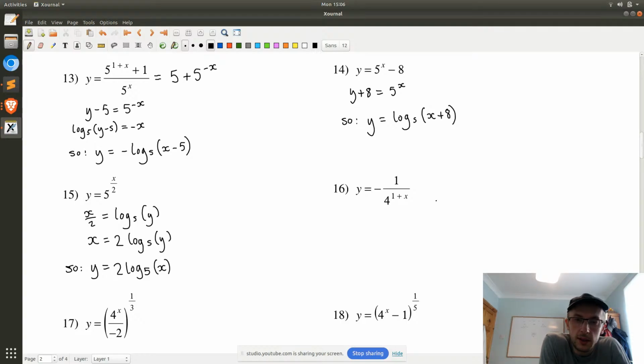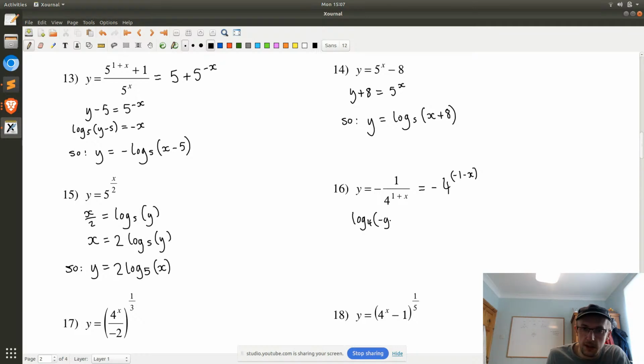This is 1 over 4 to the 1 plus x, which negates the power. And we must now bring the negative over to the other side. Then do log base 4.